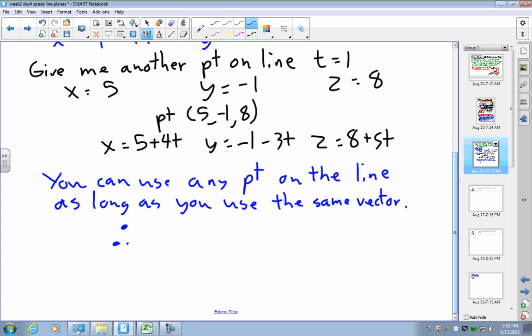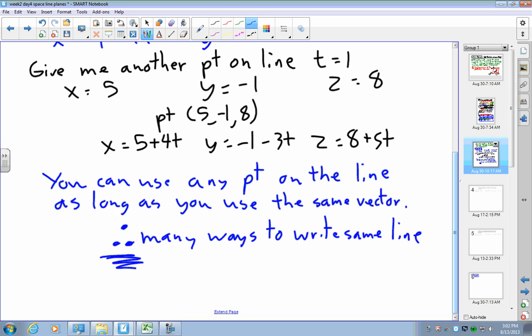Therefore, there are many ways to write the same line. If you're not used to it, the 3 dots like that mean therefore. Okay? So that's lines in general.